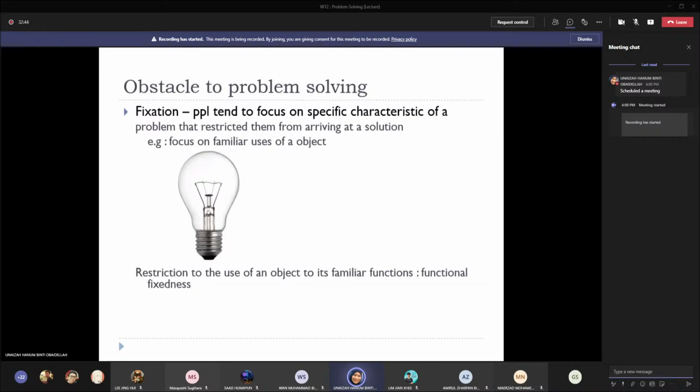But this is where we get stuck, trying to think of all of these different usages. This is what we call fixation, because we always tend to focus on a specific characteristic or specific use of an item. So, for example, if you look at this one, what do you think it is commonly used for?